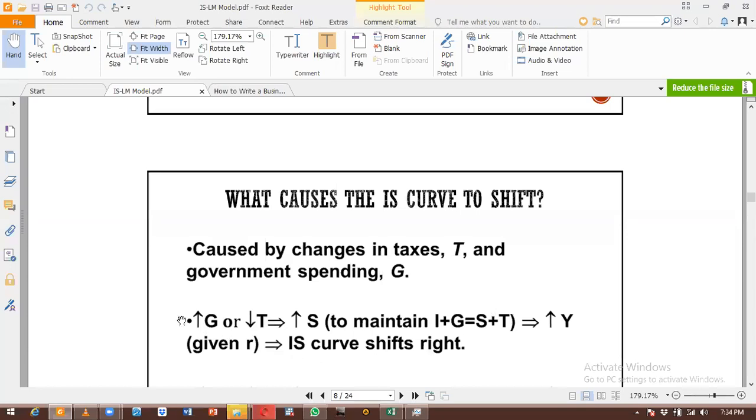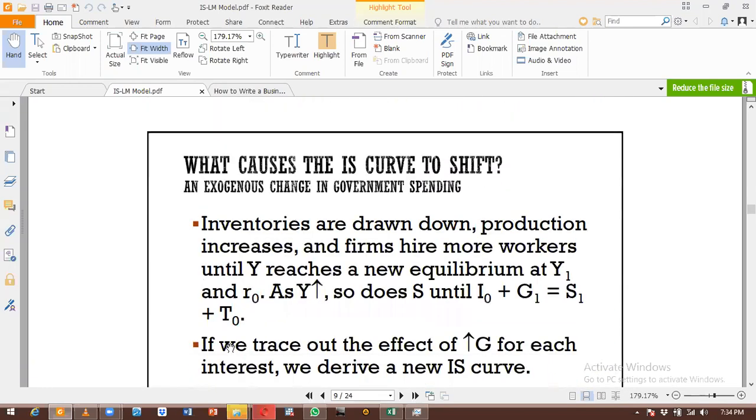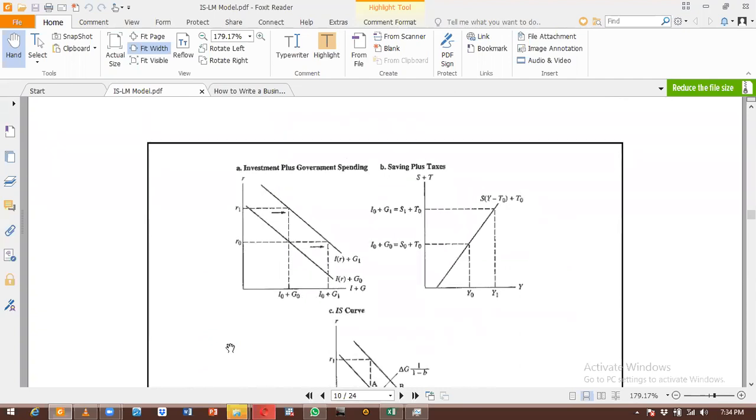When government expenditure increases, it is seen as an increase in aggregate expenditure, which is going to cause an increase in income at the same level of interest rate. The interest rate hasn't changed though. Let's look at the graph. Assuming this was the initial injection schedule with the interest rate of R0, now there is an increase in government spending.